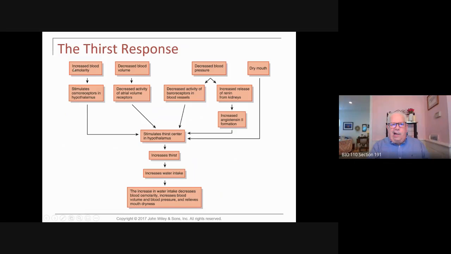Increased blood osmolarity. This is a common word that is used in medicine that not many people understand. When you have an increased blood osmolarity, that means that there are more particles in your blood than there is water.